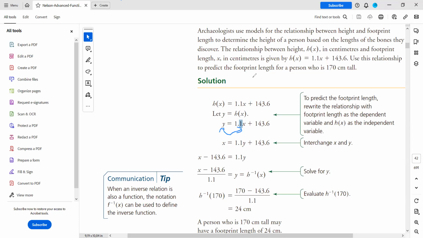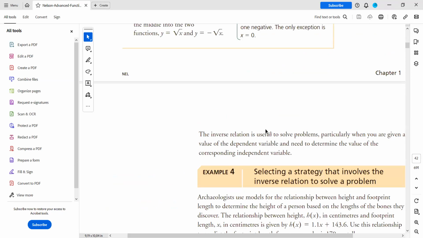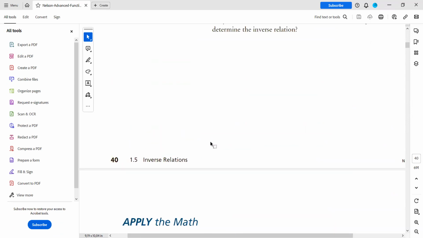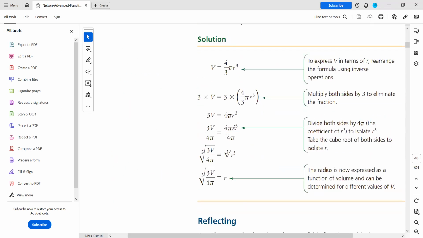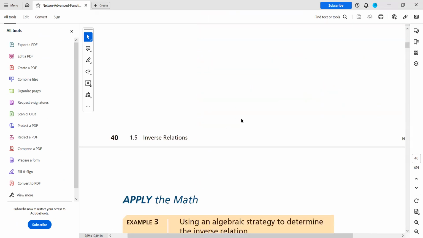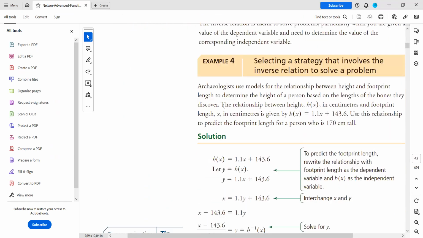Or we also can perform inverse operations as we did here and as we did in this example, right? If we divide, we multiply. If we multiply, we divide. If we raise to the power, we take a root. That's an example of inverse operations.